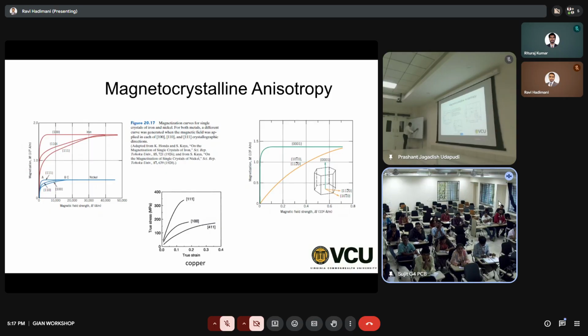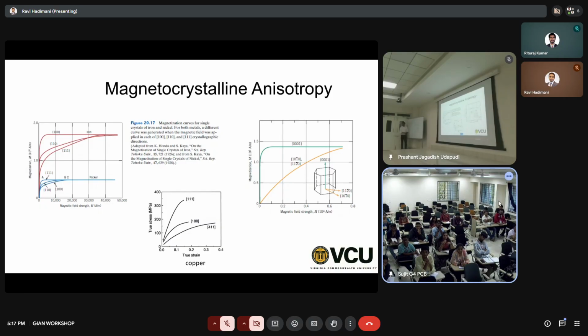they all attain saturation, MS, but their slope changes. And slope meaning, if you apply a small magnetic field, this has very low magnetization compared to this one. Look at this, this is already saturation.